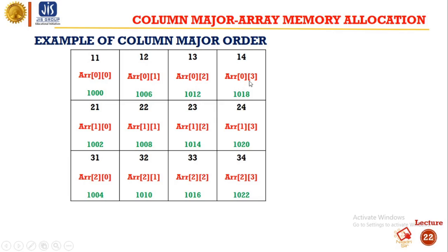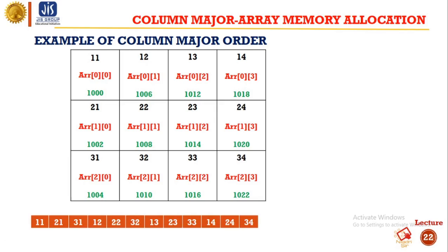After completing the third, we go to the fourth: 1018, 1020, and 1022. So the elements are sequenced as 11, 21, 31, then 12, 22, 32, then 13, 23, 33, and then 14, 24, 34. This is how it works.